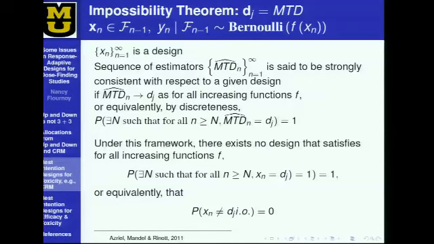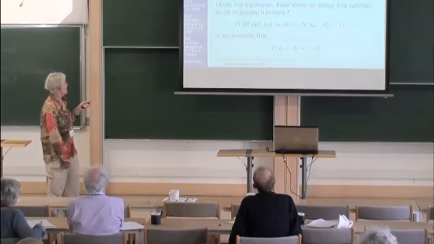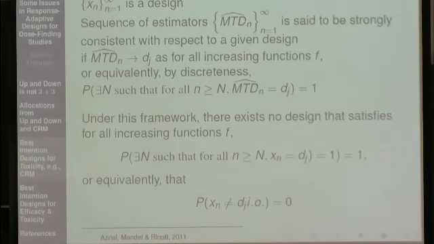So we have a design, sequence of treatments, and then we have a sequence of estimators, which we call the MTD hat. He calls that sequence of estimators strongly consistent with respect to a particular design if the estimators converge to the MTD for all increasing functions F.